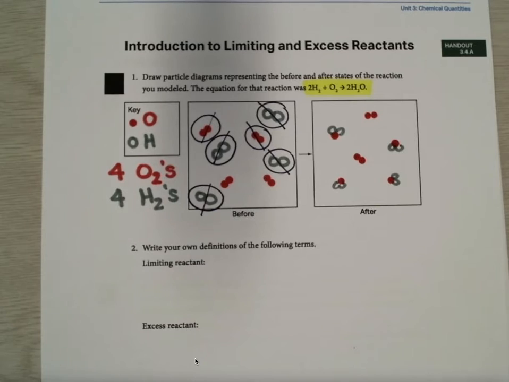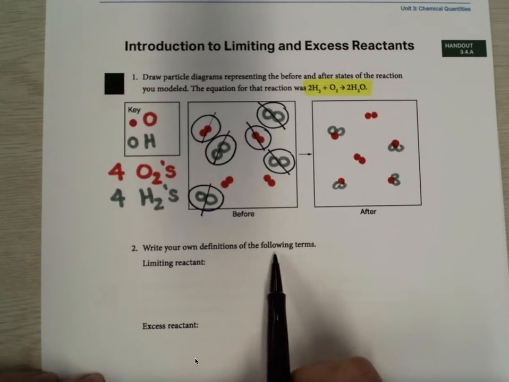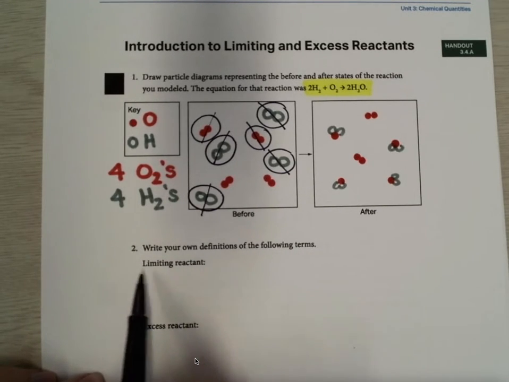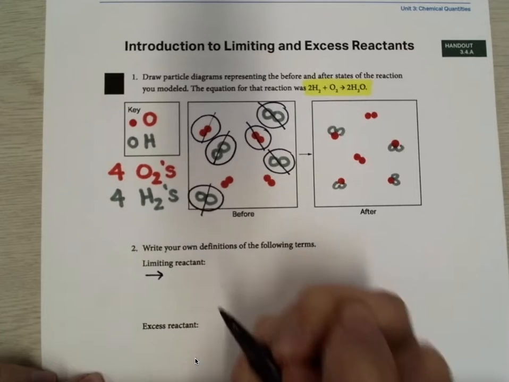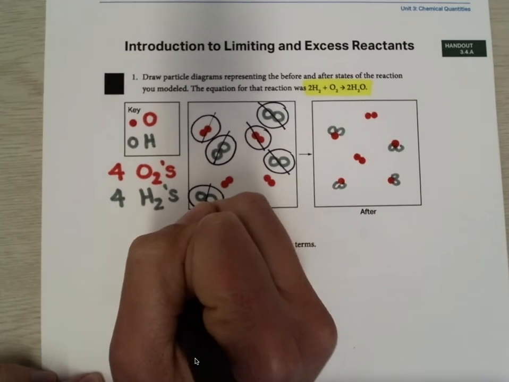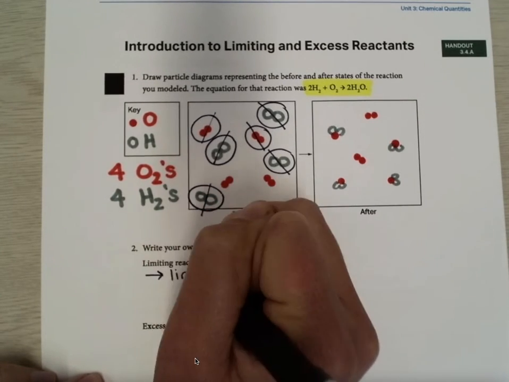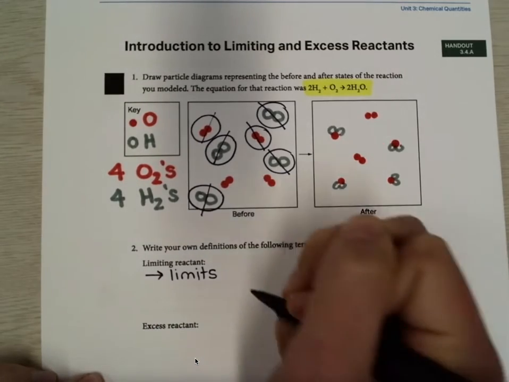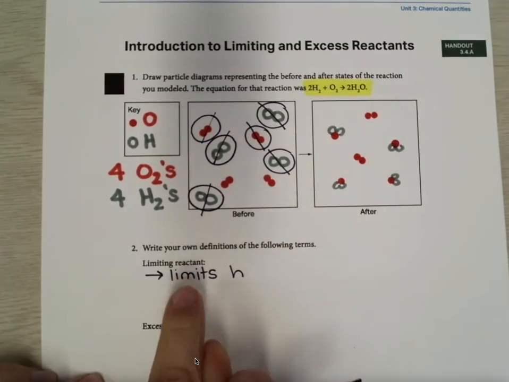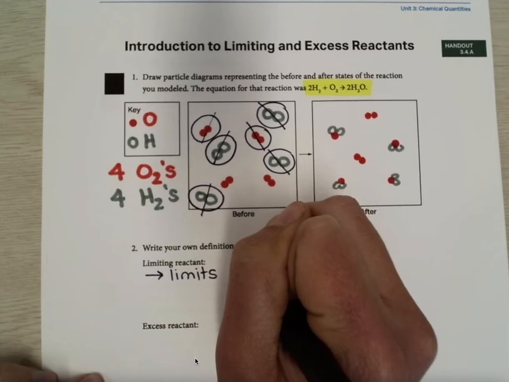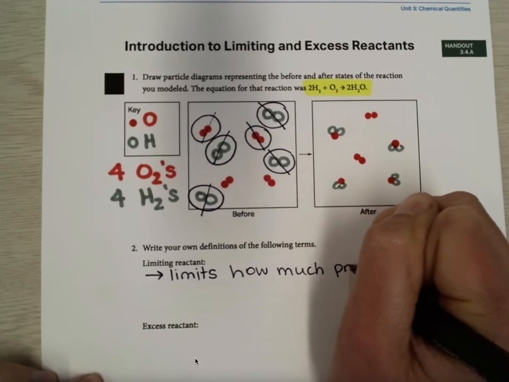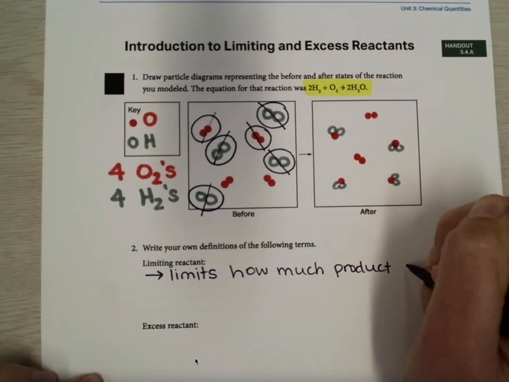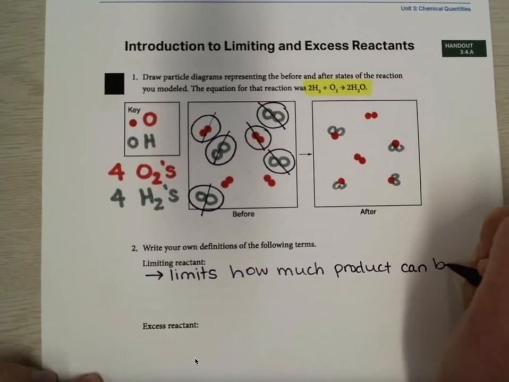So now it says write your own definitions of the following terms: limiting reactants and excess reactants. Okay? Words that you can use to describe these things: limiting reactants, they limit how much product can be made.